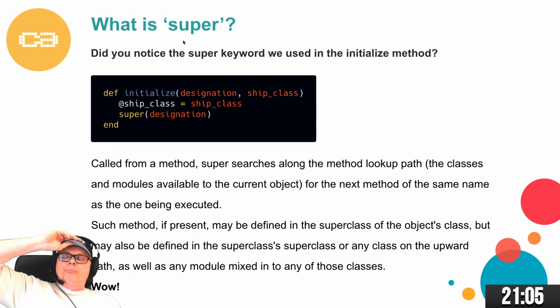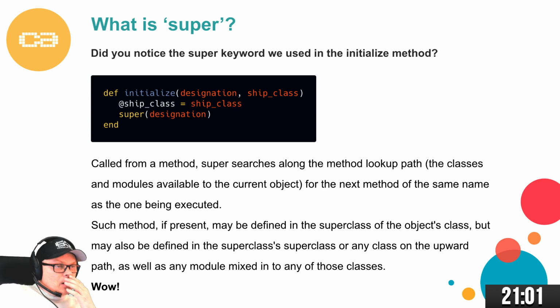Now, super is fairly important in all programming in Ruby, because when you call super in your methods, whether in the initialize method or what have you, it searches along the method lookup path. If it doesn't find the method, it looks in the inheritance chain.